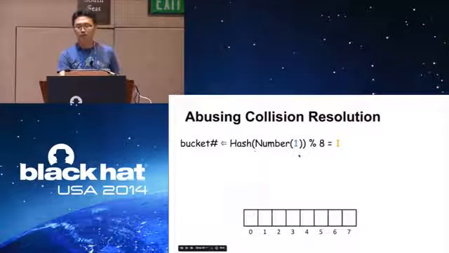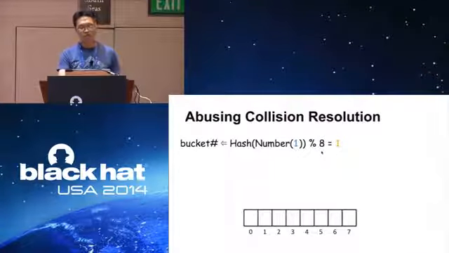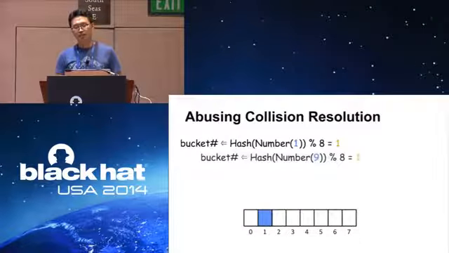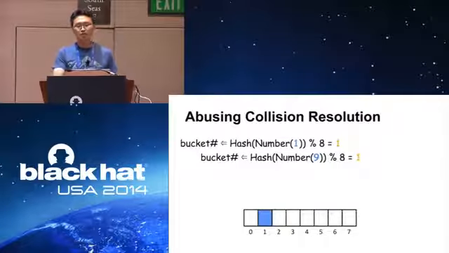So if you take mod 8, then the bucket index will be 1, and this bucket index number 1 will be filled up. If you next try to insert number 9, it will compute the same, and it will still be number 1, right? So it is going to try bucket number 1 first, and because it is filled up already, it will fill up bucket number 2.